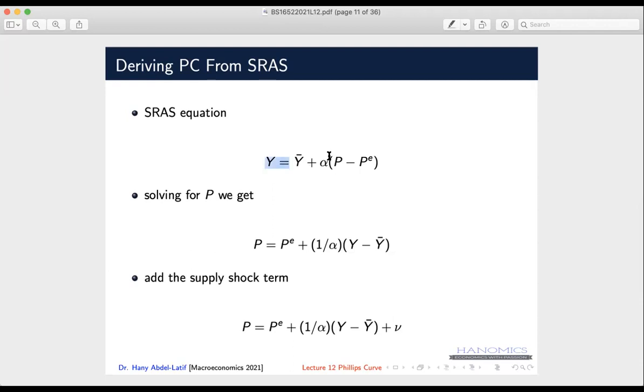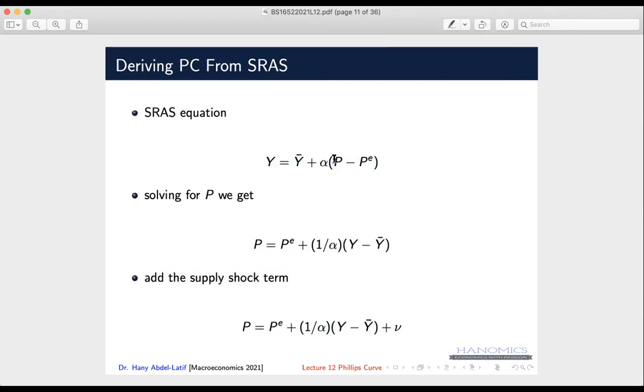This is the short-run aggregate supply curve, the first equation, which tells us the output level depends on its full employment level, Y bar, and the unexpected inflation, which is the difference between the actual price and the expected price level.